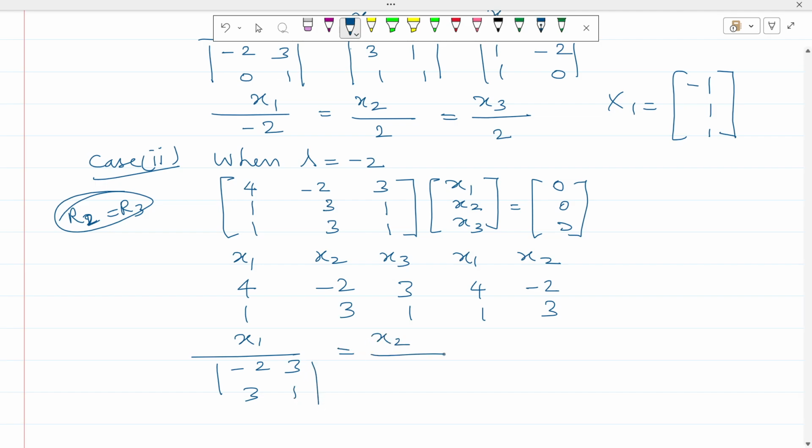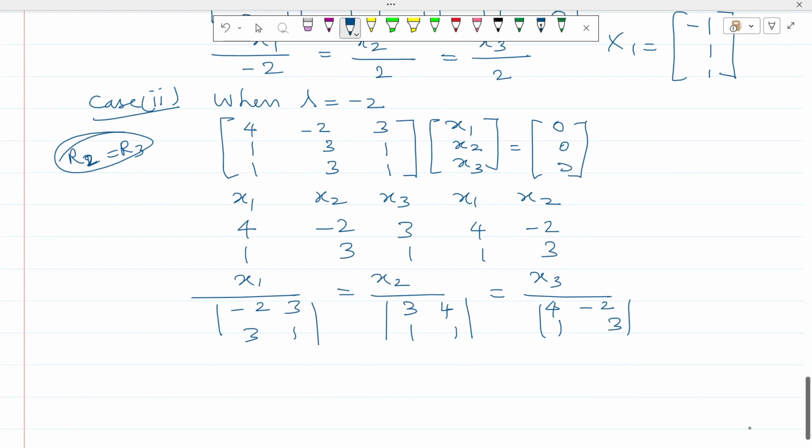To write x2, leave that particular column: 3, 4, 1, 1. To find x3, leave this column: 4, minus 2, 1, 3.